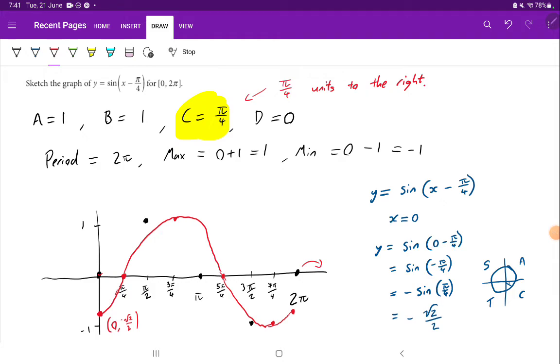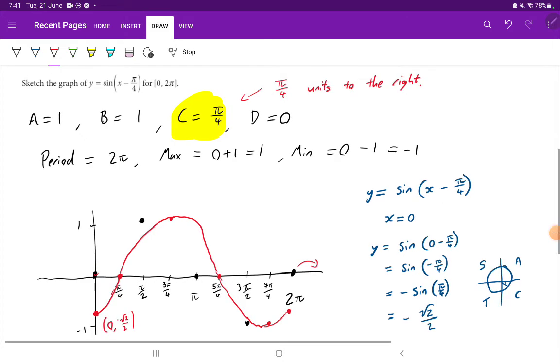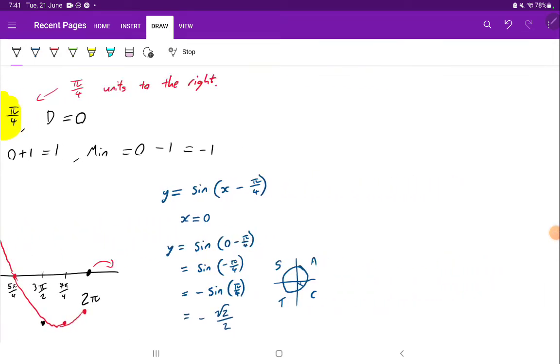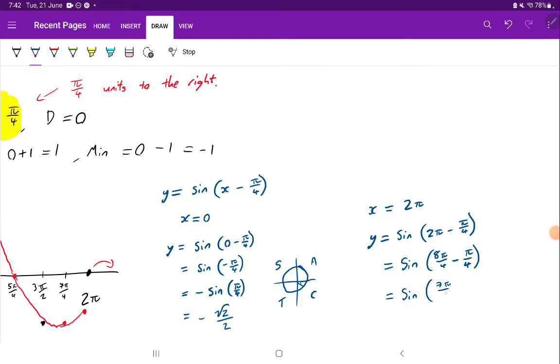Let's do the same thing, but for the other endpoint. I've seen a few people get a little bit stressed out by looking at stuff like this. Just remember, we can always write this as 8 pi on 4, just write it as a fraction, and we're just taking away 1 pi on 4. And so this is going to be 7 pi on 4. Alrighty, using our unit circle, we can sketch this in.